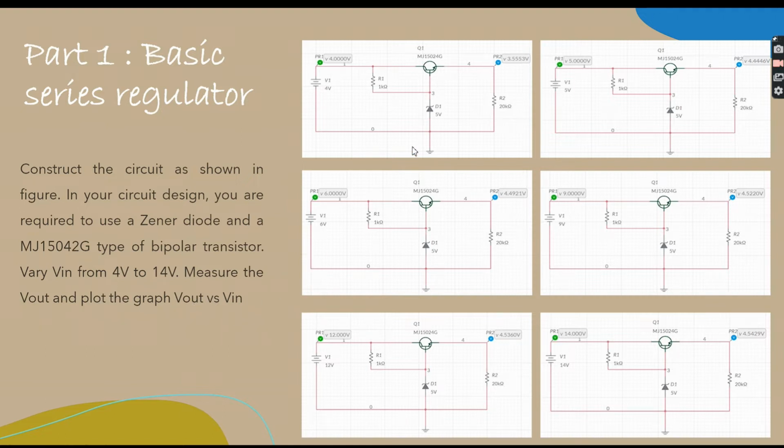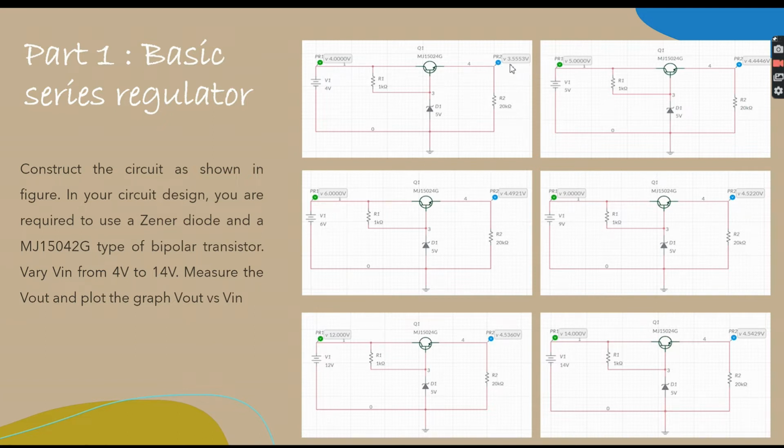So I sketch the circuit using Multisim Live for the basic series regulator. The question needs to measure the Vout. When I use Vin 4 volts, I measured this is Vin and this is Vout.